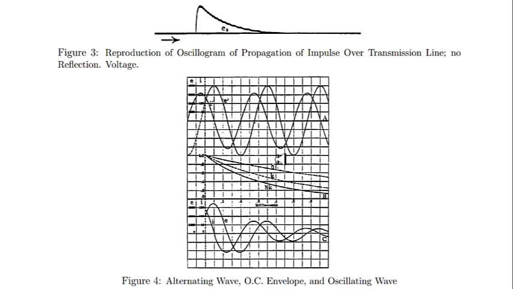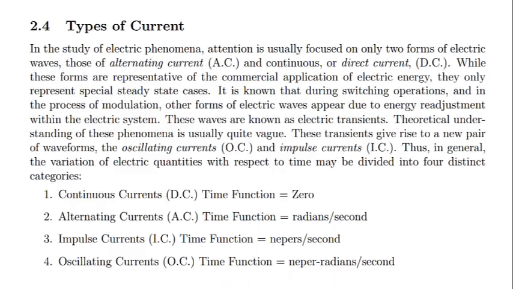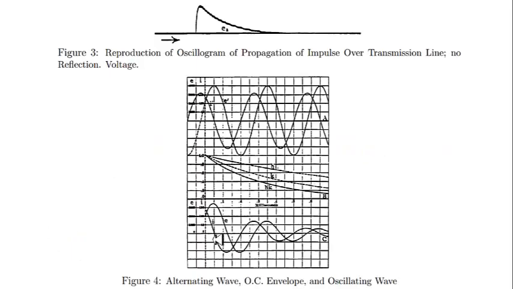So he differentiates between continuous currents, alternating currents and oscillating currents. Oscillating currents are currents that oscillate like a sine wave, let's say, but their peaks change over time. So it gets stronger or it gets weaker.